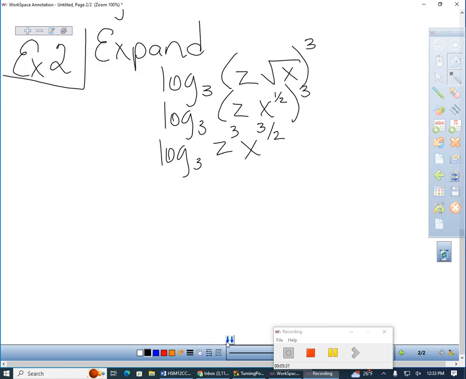Now, those two things are multiplied together. So that means we have to separate them by adding them. So we're going to separate this and say the log base 3 of z to the third plus the log base 3 of x to the 3/2. Are we done yet? Oh, one more step.